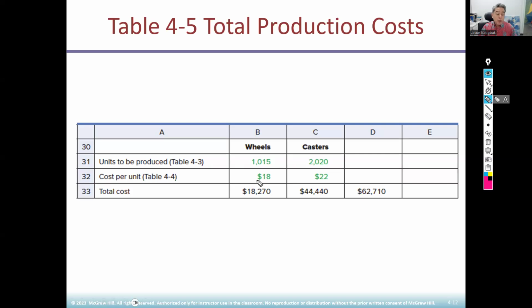So we know in the prior slide that it costs you $18 to produce wheels and $22 to produce casters. If I multiply 1015 of wheels multiplied by $18, 2020 multiplied by 22, so that will be 18,000 and 44,000. Add both, it will be 62,710.